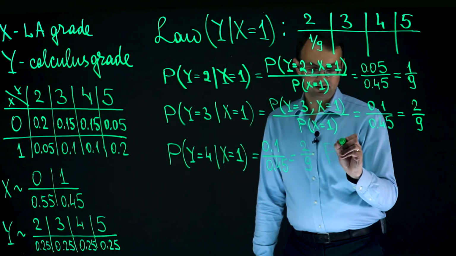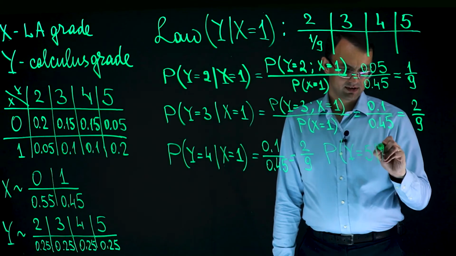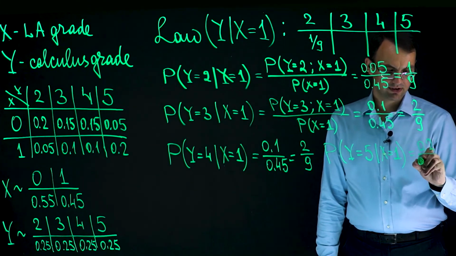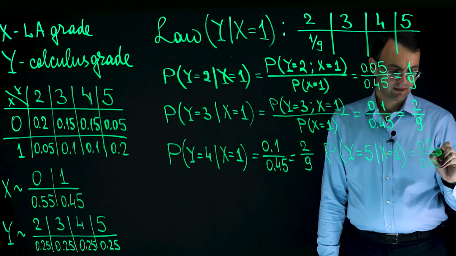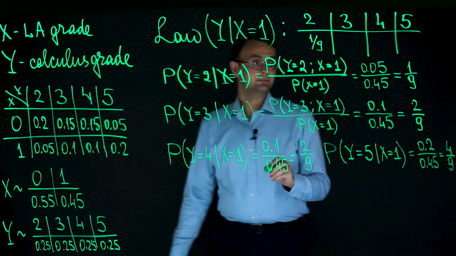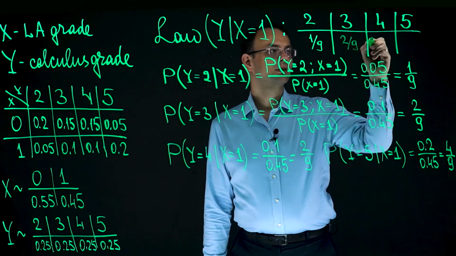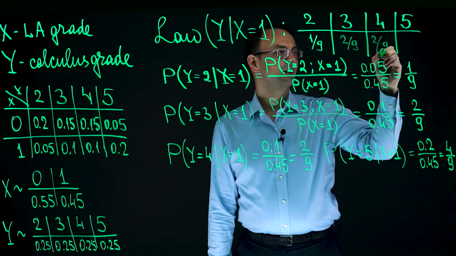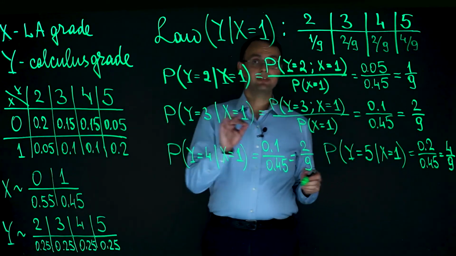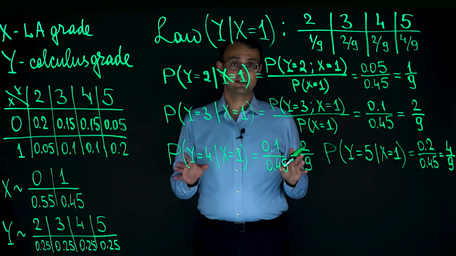And the probability that y is 5 given that x is 1 is 0.2 divided by 0.45, that is 4 over 9. So 1 over 9, 2 over 9, 2 over 9, and 4 over 9. So this is the conditional distribution of y given x is 1.